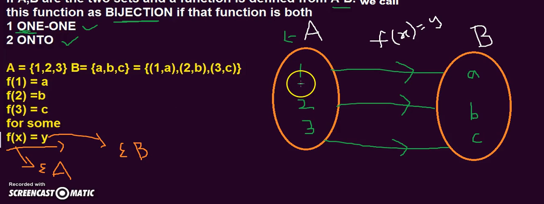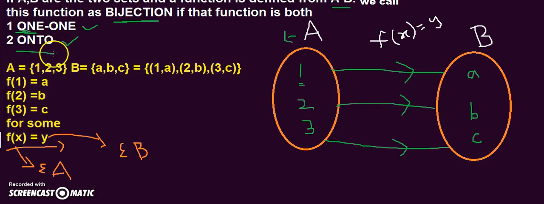The element 1 has only one output from set B. It is not having any other output from B. If 1 had any other output in B, then that is not one-to-one. So one-to-one says every single element from the domain should have a unique output from B. Okay, so this is one-to-one. Now it is satisfying one-to-one.